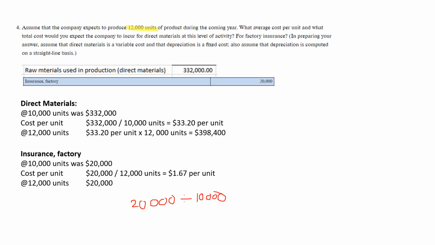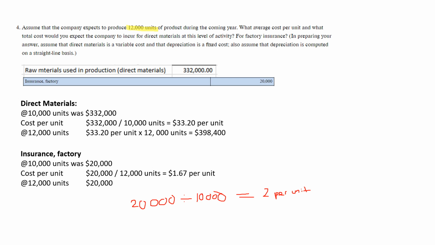So our old cost per unit was 20,000 total cost divided by 10,000 units, which equals $2 per unit. Now we can see that with a new amount of 12,000 units, we have to do 20,000 divided by 12,000 because of fixed cost.